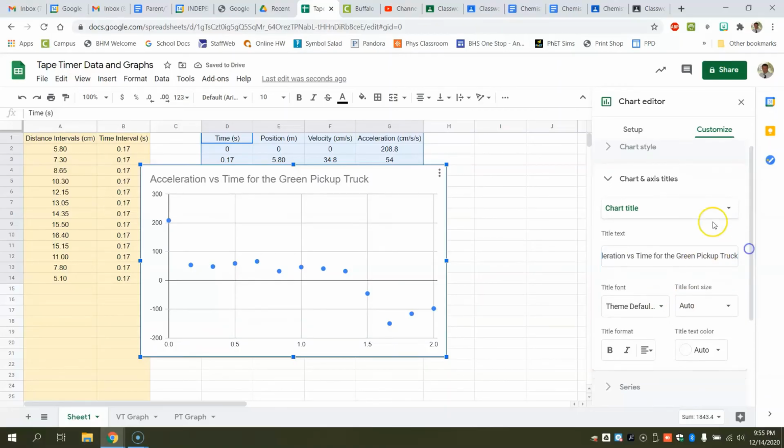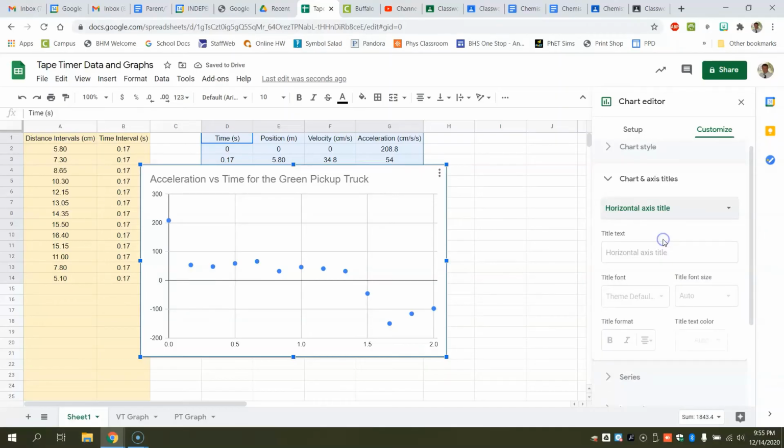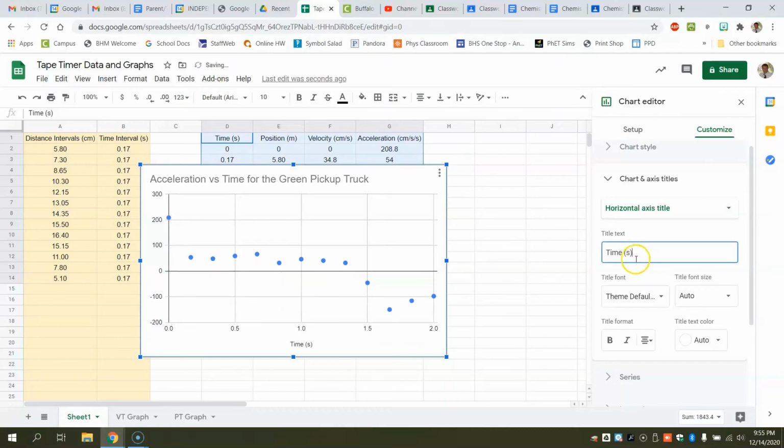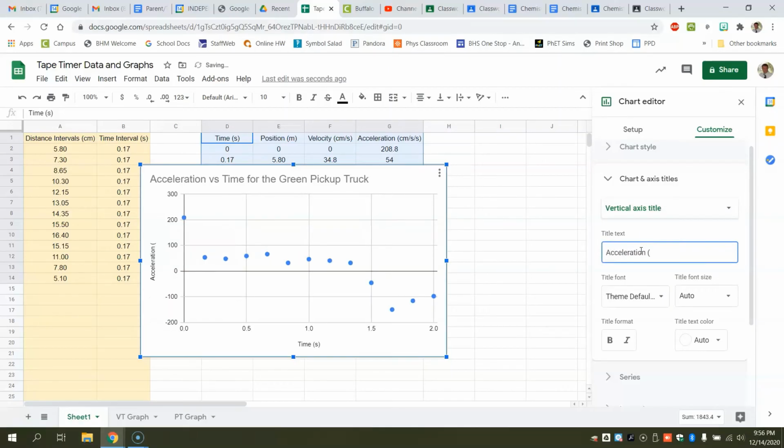And then we need to label our axes. So the horizontal one was time still. Remember the units. And then the vertical axis is going to be our acceleration. Now this one's in centimeters per second squared.